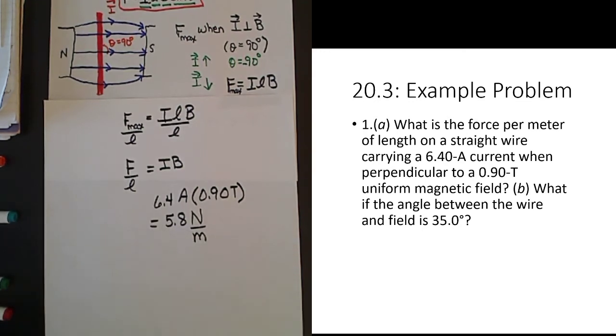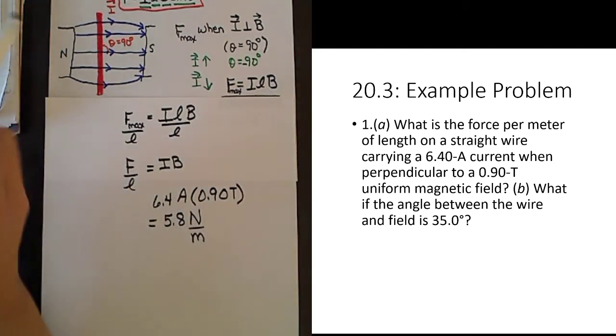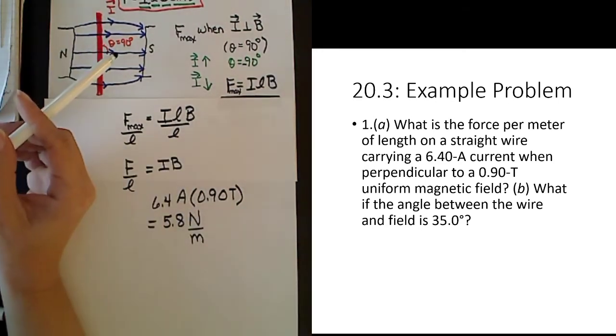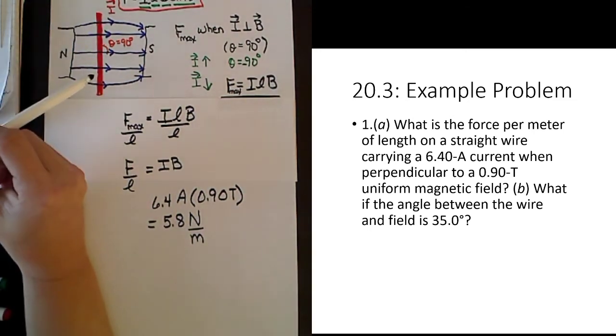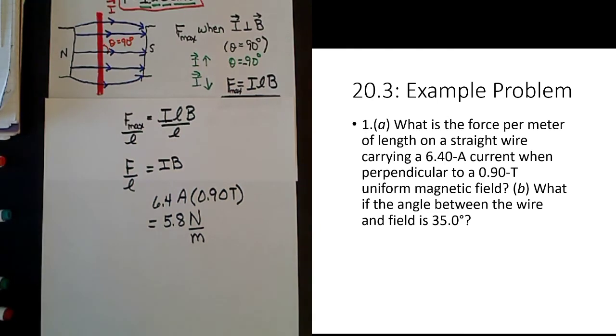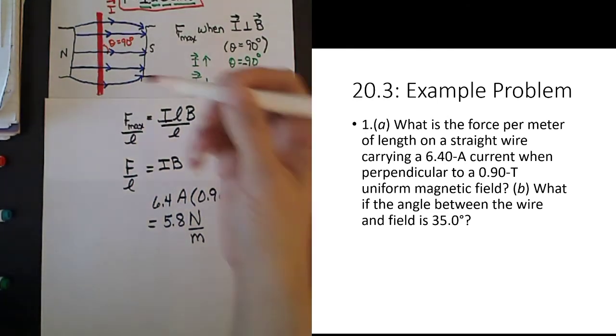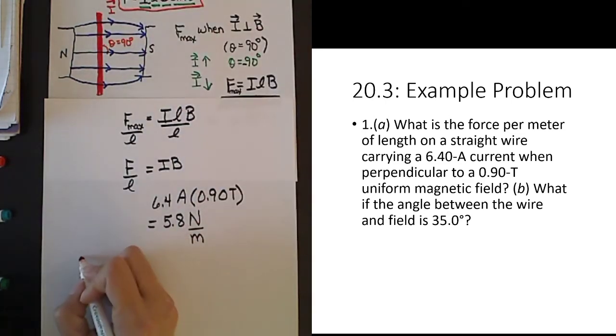But let's say, for the sake of argument, that we have this magnetic field that is pointing to the right, and we have a current carrying wire. So let's look at the situation where our current, we're going up. So I is going up and B is going to the right.